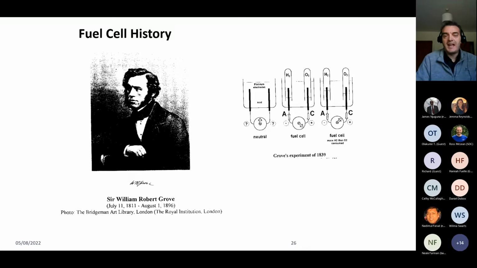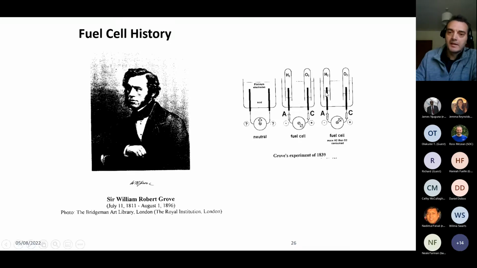One of the first experiments was by Sir William Robert Grove, and this is one of the fuel cells that Grove built in 1839. As you can see, it's nearly 200 years, and we're still not there yet.